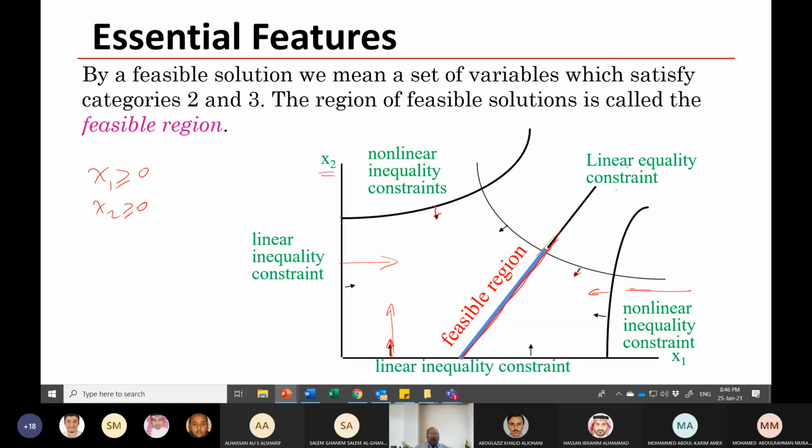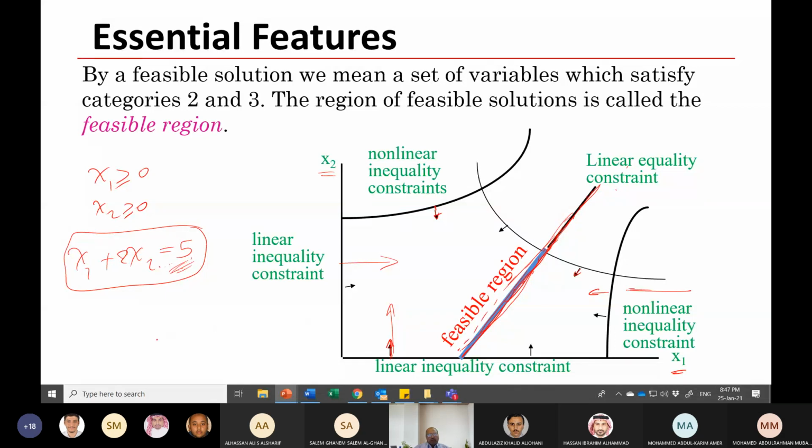Assuming that you have only two variables, with an equation of two variables, x1 plus 2x2, for example, equal to 5, and so on. Assume that this straight line represents it. That means the problem solution must satisfy this equation and must be a point on this line.